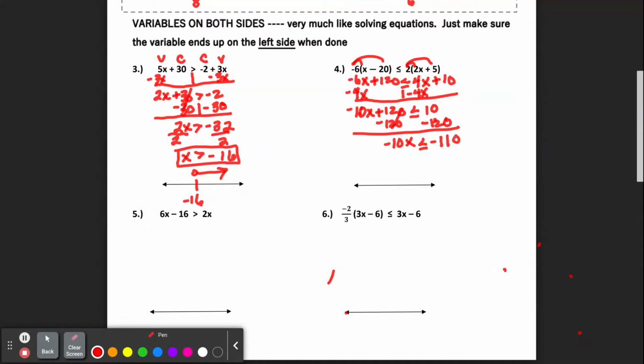And then divide both sides by negative 10. Now, since I'm dividing by a negative, I have to flip the direction of the inequality. So this will now become x is greater than or equal to 110 divided by 10 gives us 11, and it will be a positive 11.